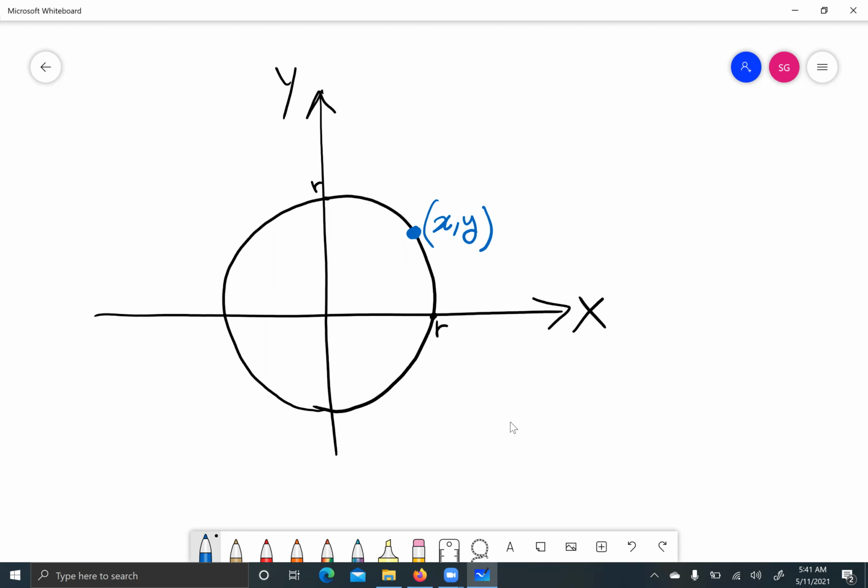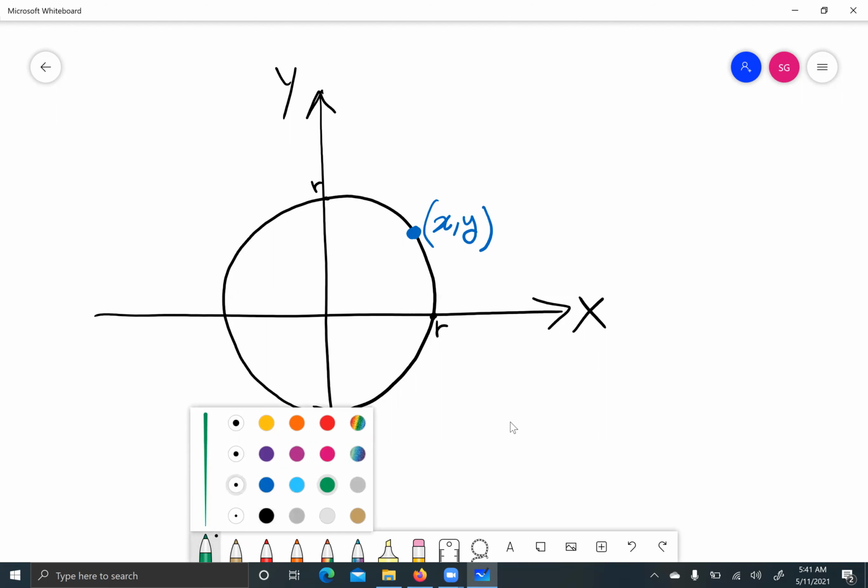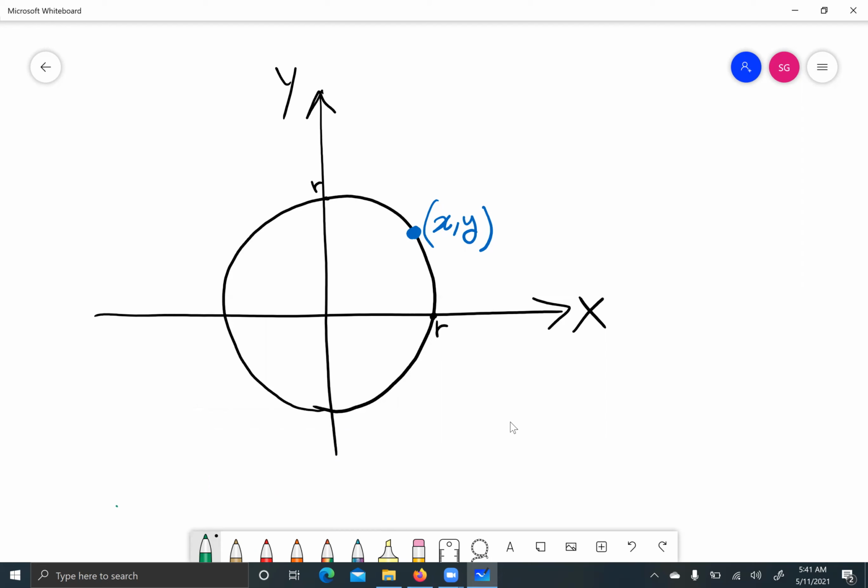But this point also uniquely determines another thing: because it's on the circle, it corresponds to a unique angle. If you connect the point to the origin, that creates an angle, let's call it theta, with the horizontal axis.